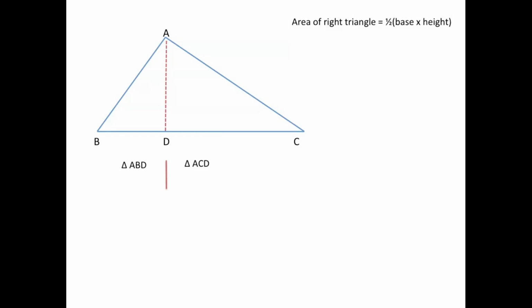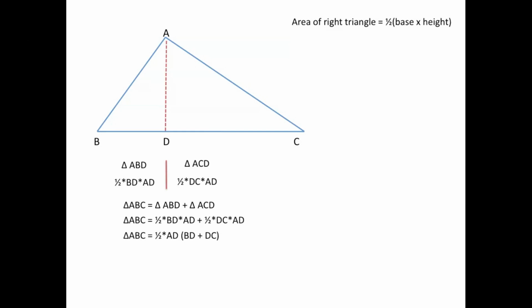So if we find the area of these two right angle triangles and add them up, we'll get the total area of triangle ABC. So the area of triangle ABD is half times BD times AD. And the area of triangle ACD is half times DC times AD. What we're going to do is add them up, because that will give us the total area of triangle ABC.